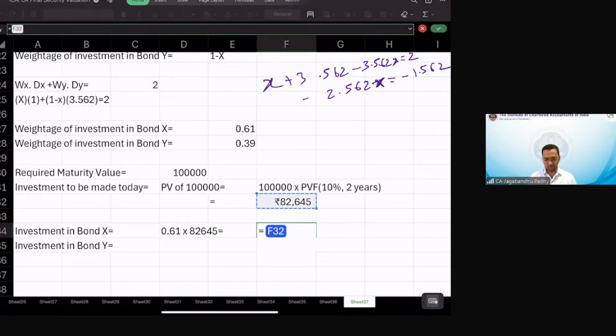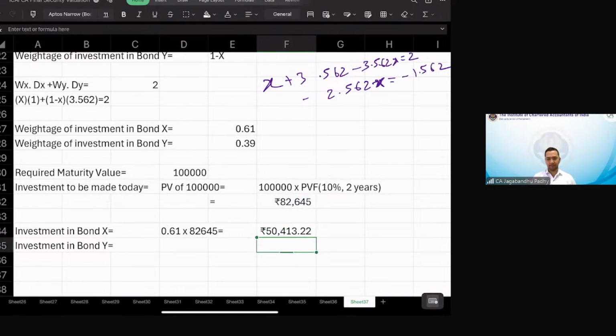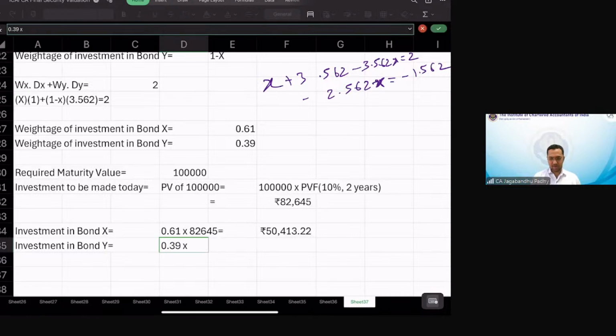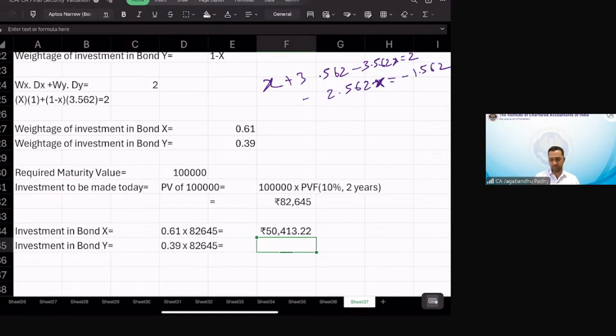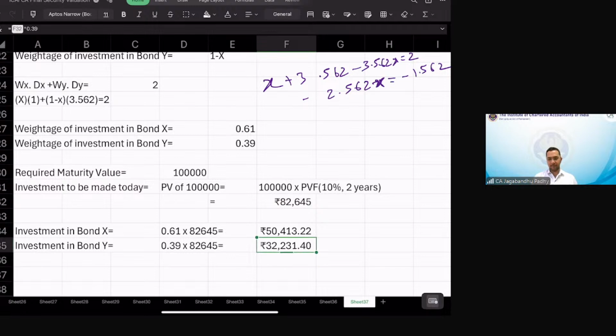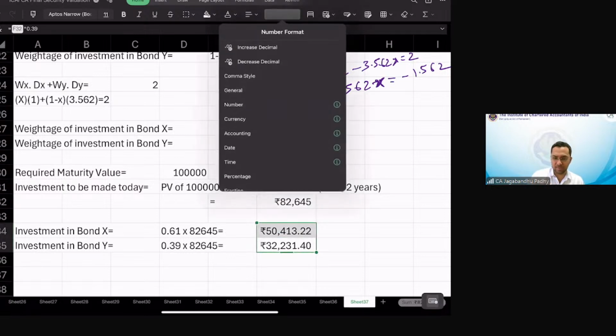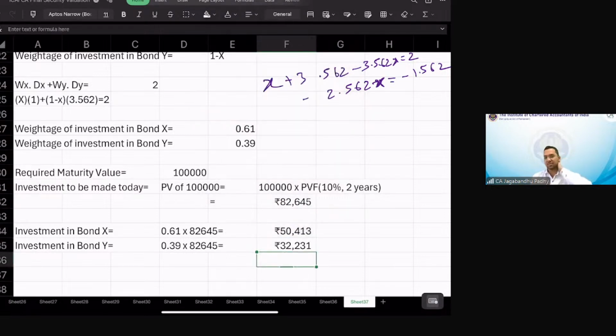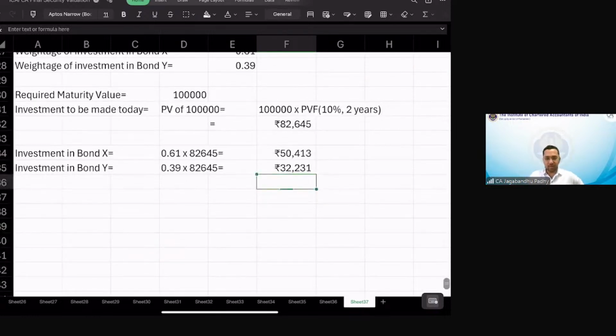So that will be 82,645 into 0.61. And investment in bond Y will be 0.39 multiplied by 82,645. So can I say this is going to be our investment in the respective bonds? Yes, we will invest 50,413 in bond X and 32,231 in bond Y. Am I right, guys? These are going to be the investments in bond X and Y.